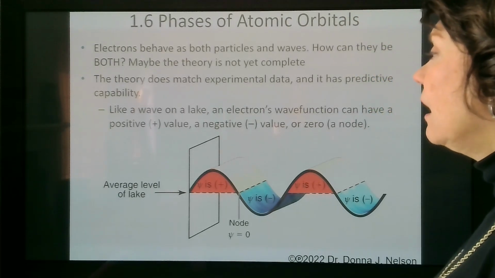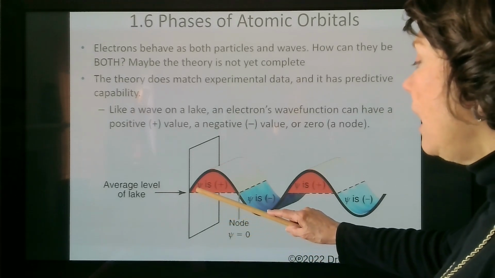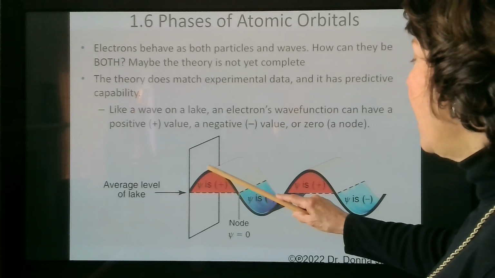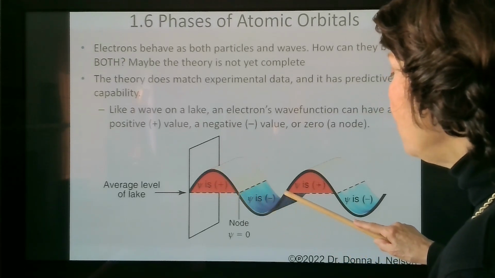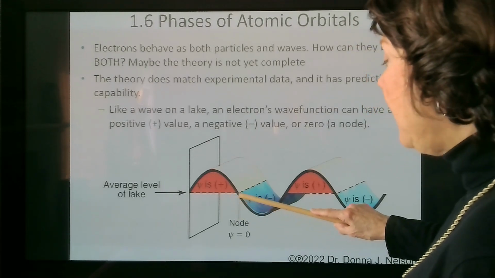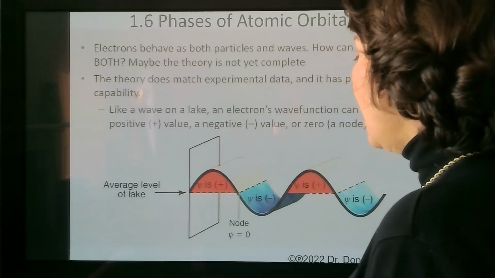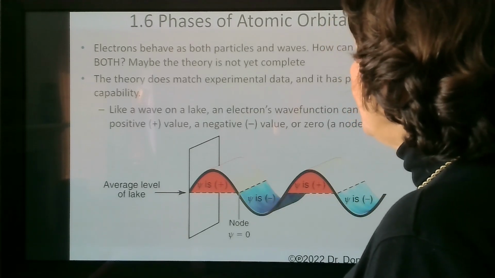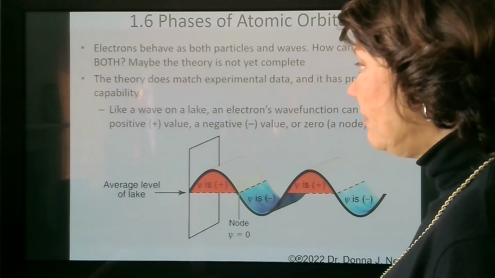So you can think of the electron as like a wave on a lake. Its wave function can have a positive value, it can have a negative value, or it can be zero at a node. So what that means is that at this node, there is zero probability of finding the electron at that point.